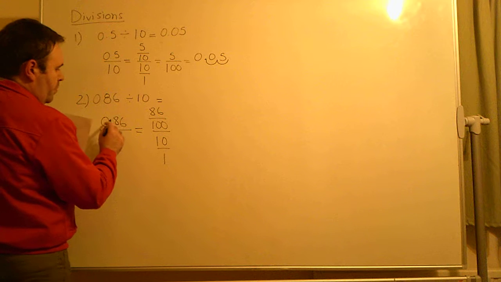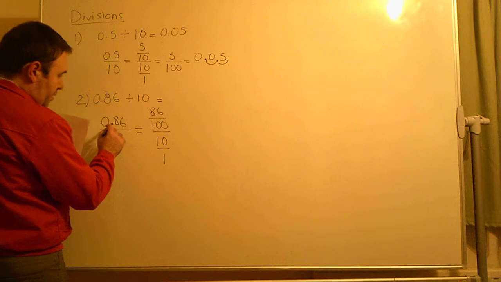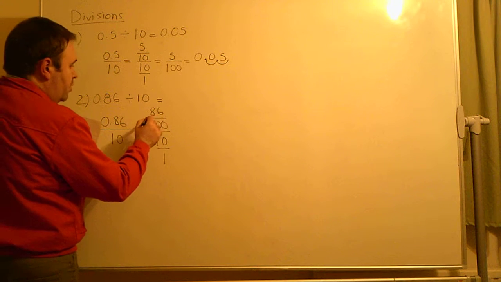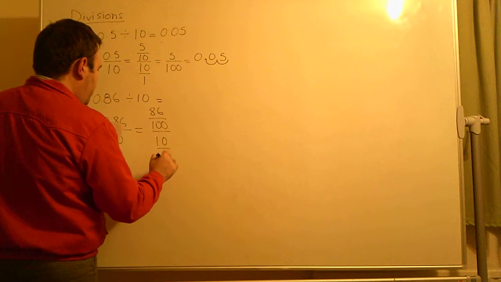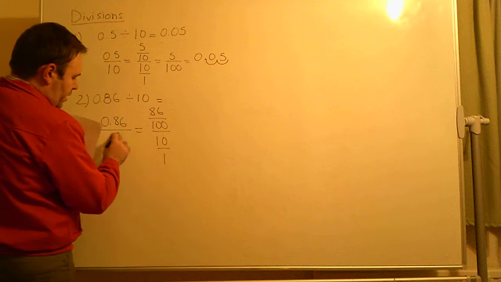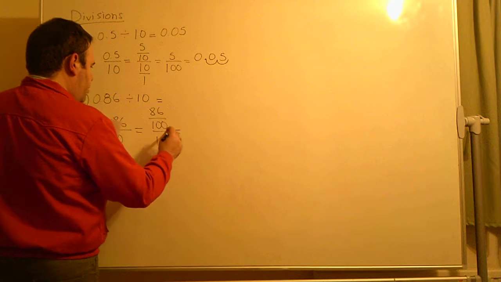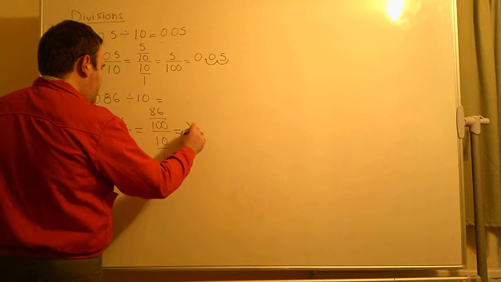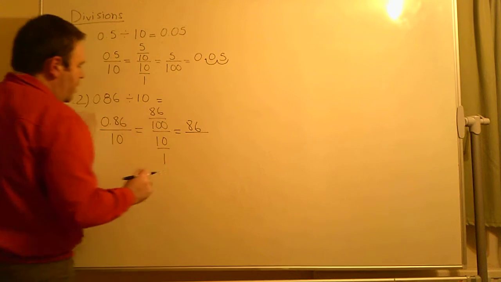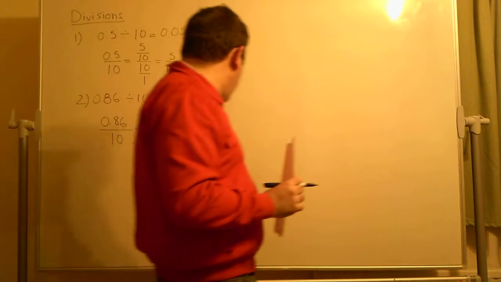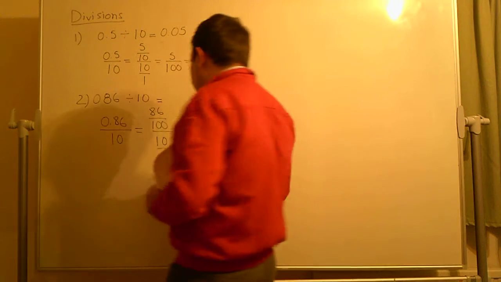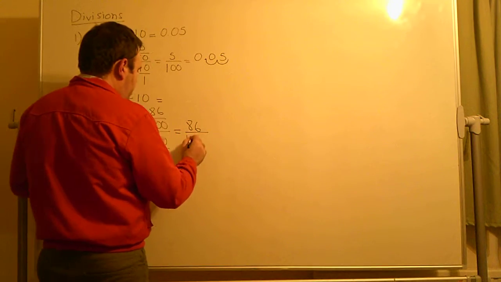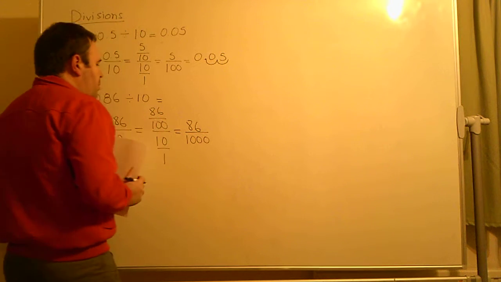Yeah, this 0.86 would be 86 hundredths divided by 10 divided by 1. Yeah, because this is an integer. So now we multiply 86 times 1, 86 divided by how much? 100 times 10, which would be 1000.